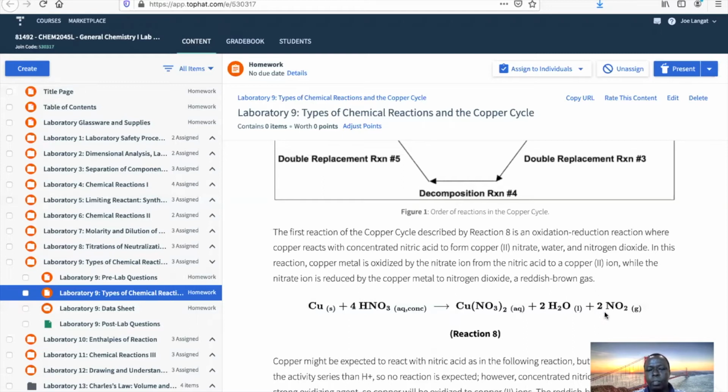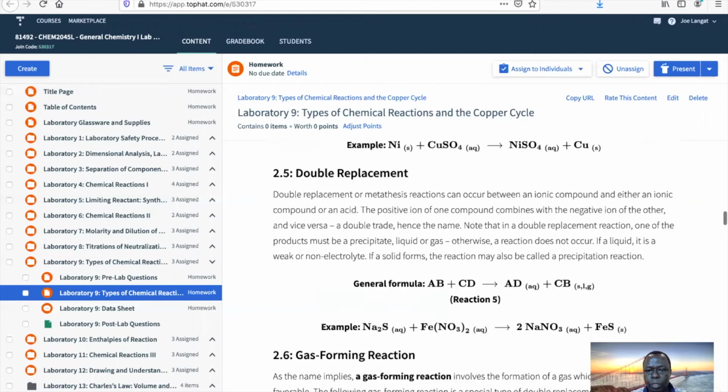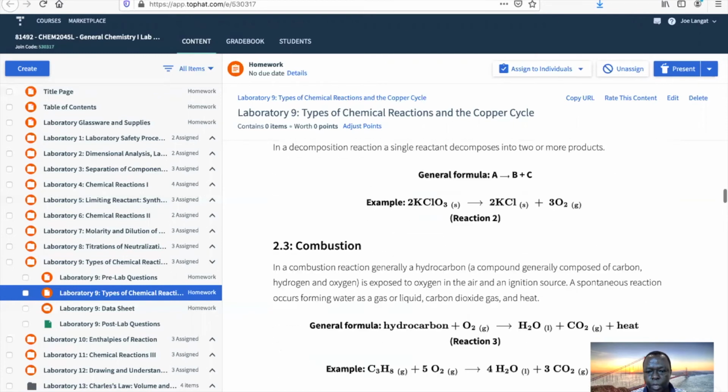Now, as you go through, when you'll be completing the data sheet, you need to indicate the physical state of where copper is. Remember, we are keeping an eye on copper. This is the cycle, all right? Let me just show you the cycle through which copper will go. I think it's below here.